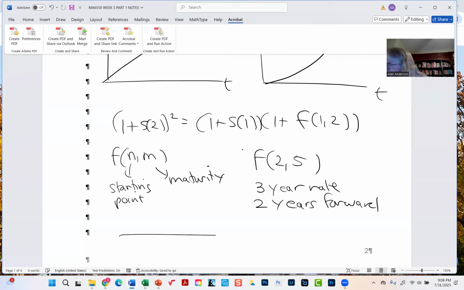In other words, it covers the period from 2 to 5. So it's actually a 3-year rate, but it starts in 2 years, which is why it matures in year 5. Okay, so we have to get used to this notation. It's always going to tell us when do we start and when do we finish. 2 to 5 means starting in year 2, ending in year 5, which implies that it's a 3-year forward rate.